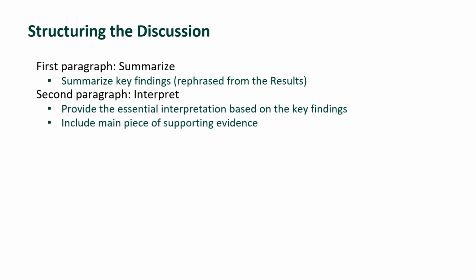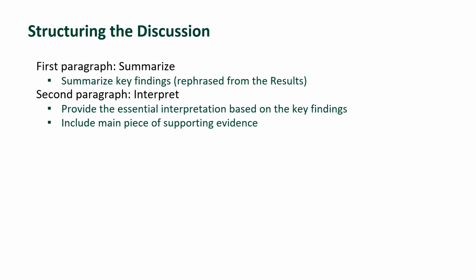You may summarize the key findings in one paragraph, but sometimes it may go to 2 paragraphs, for example. It doesn't really matter as long as you can summarize it. And then you go to the second paragraph, where you interpret the key findings.